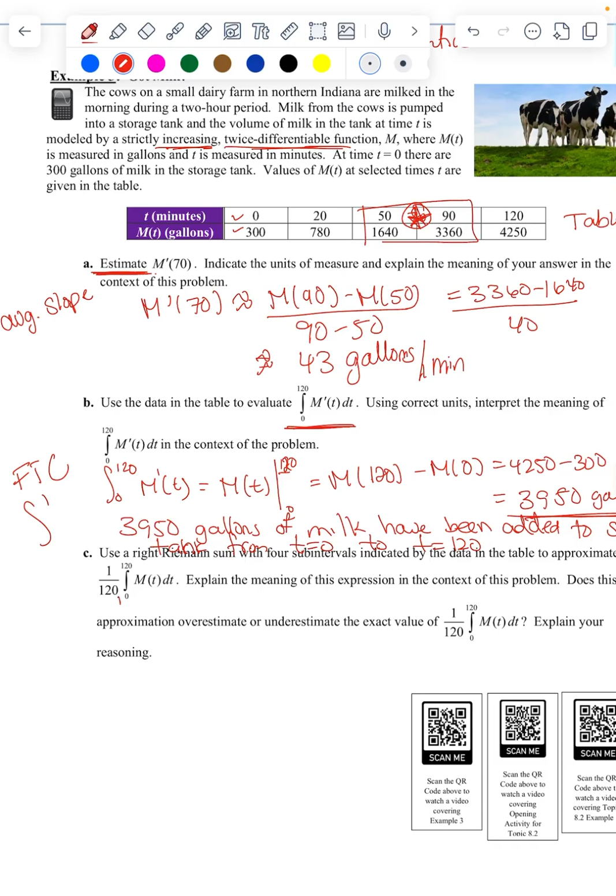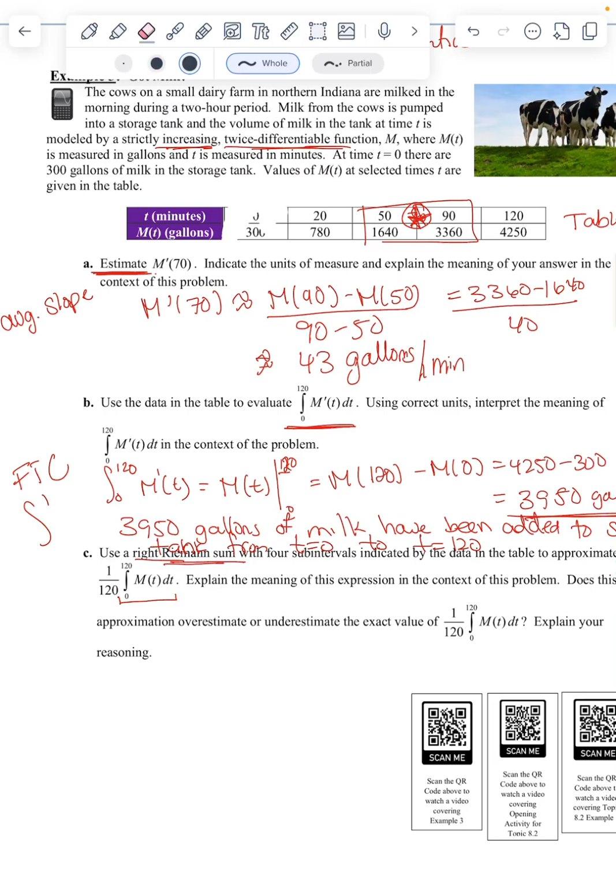But we know that the integral from 0 to 120 of m of t is the same thing as saying find the area under the curve. And when you don't have a function and you only have a table, you're going to use Riemann sum. So we're using a right Riemann sum in this case.